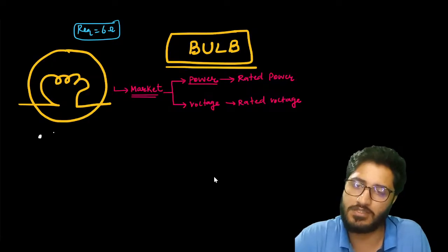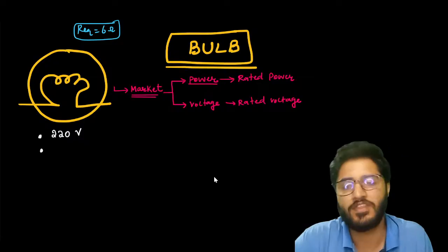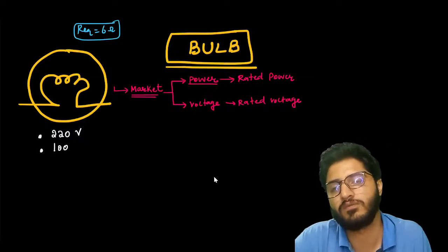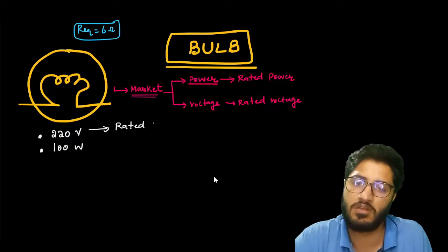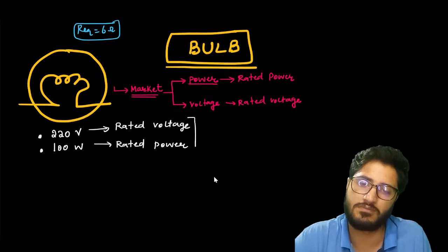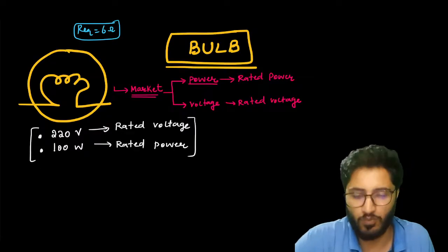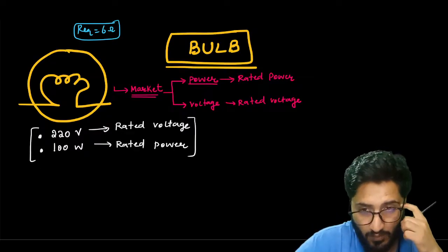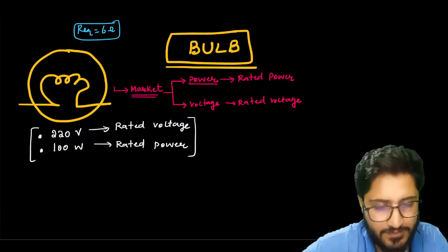Let's suppose it is 220 volt, and the second one is 100 watt. This one is rated voltage, and this one is rated power. Done.